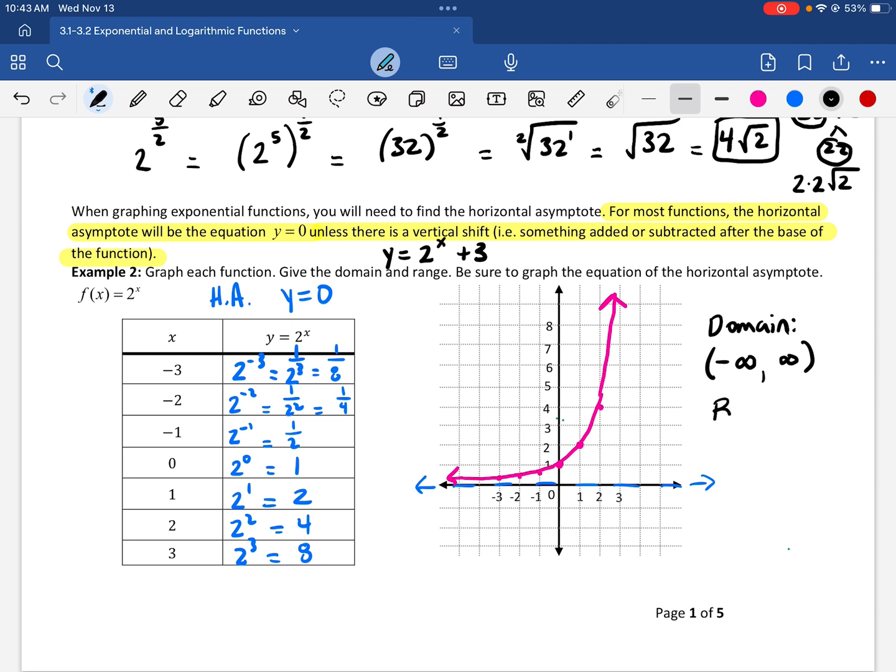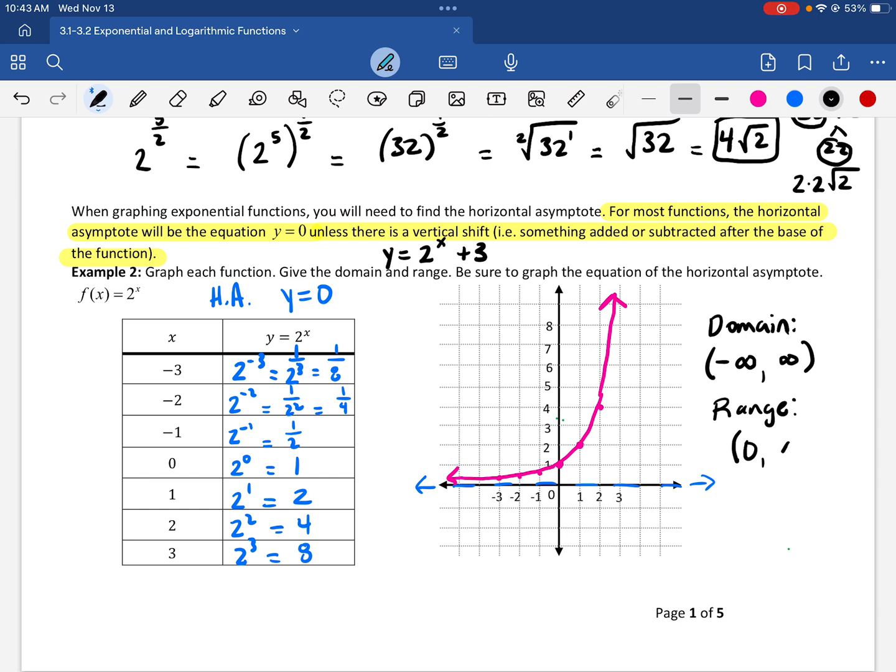Now the range is going to be the part that's a little bit different because it has that horizontal asymptote. It does not go past that line there. If you start from the range doing y values from bottom to top, we do not start that function until we're basically on the other side of 0. So we're going to start at 0, and we're going to use a parenthesis because it's not equal to 0.